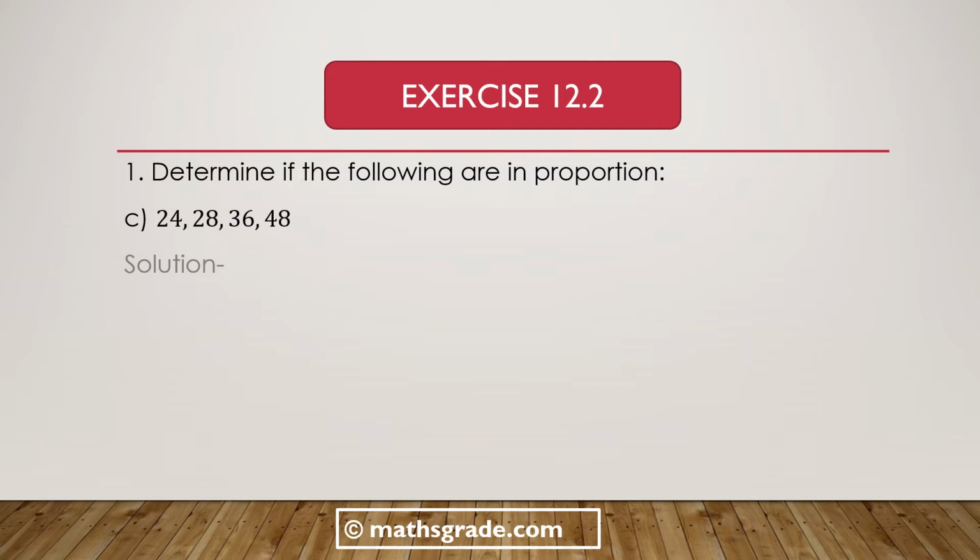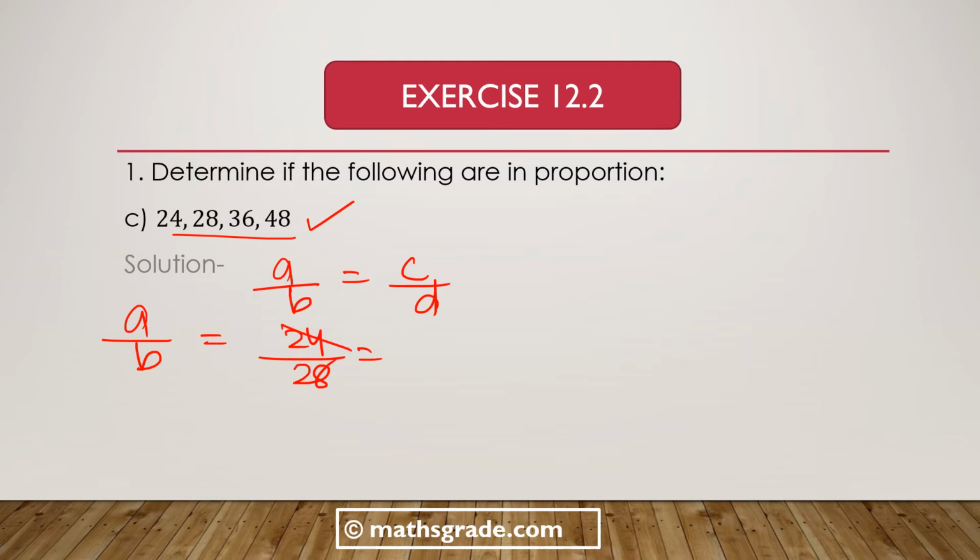Now third bit C, 24, 28, 36, 42, 48. These numbers are in proportion or not, we have to check. A, B, C, D are in proportion if A divided by B is equal to C divided by D. A divided by B will be 24 divided by 28. And between 24 and 28, 4 is the highest common factor, so divide 24 by 4 is 6, and 28 by 4 is 7. 6 divided by 7.